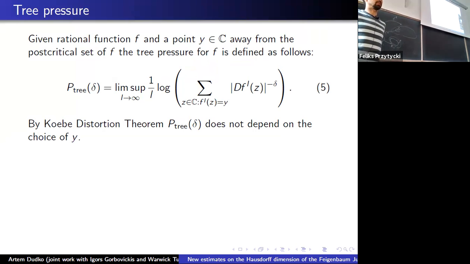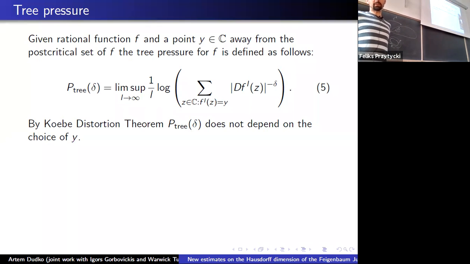Now, another piece of the story related to this work is what I mentioned before, tree pressure, which can be used to show that our estimates delta_n from below actually converge to the true Hausdorff dimension of the Julia set. So what is tree pressure?